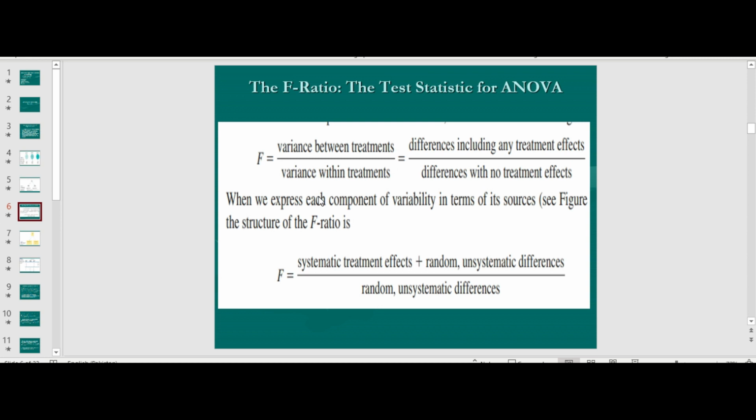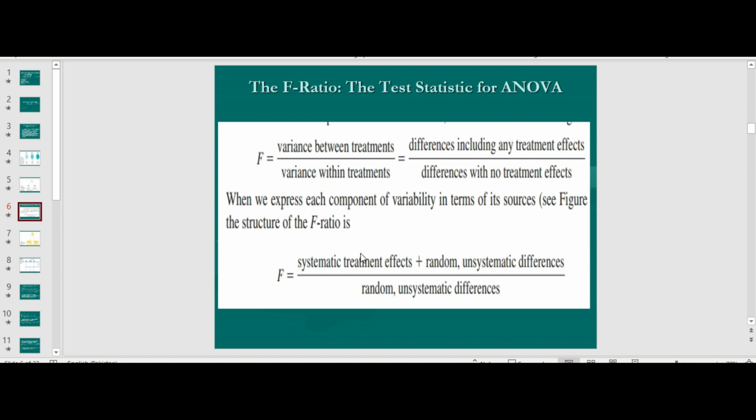The F ratio is the variance between treatments divided by the variance within treatments, or this can also be equal to differences including any treatment effect divided by differences with no treatment effect. The value of the F ratio helps to determine whether any treatment effect exists or not.